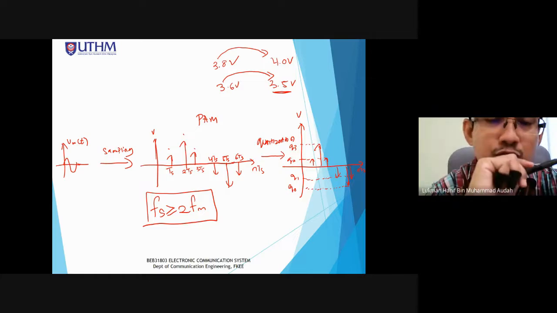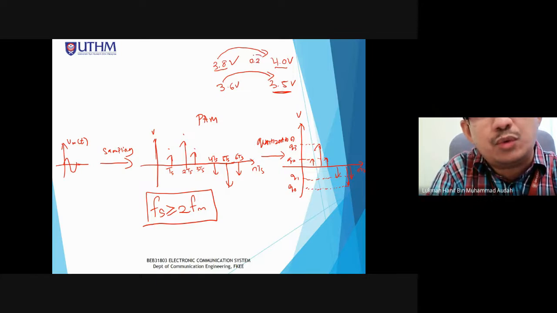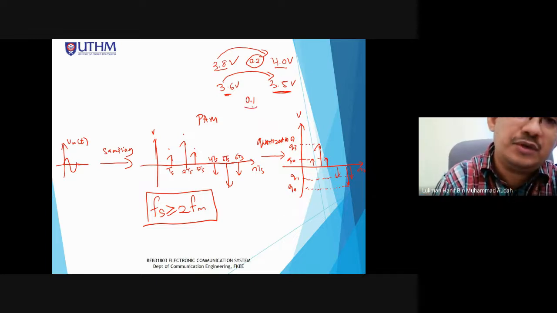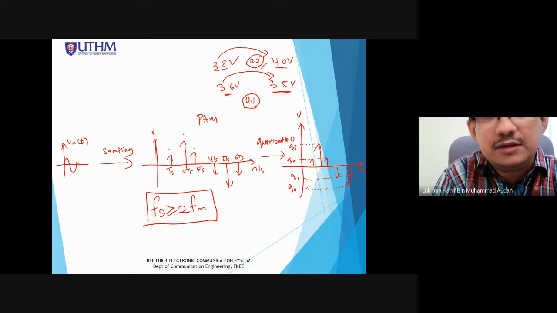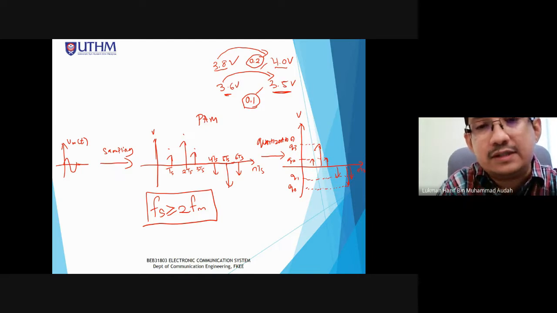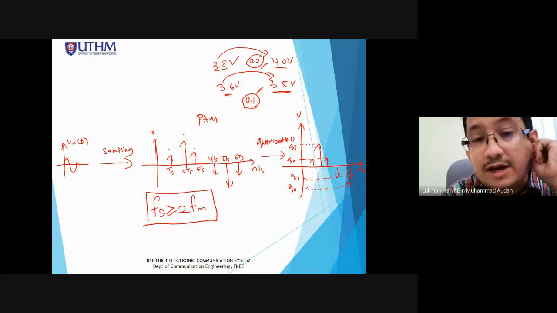So kalau you lihat contoh di sini dalam saya punya contoh, kalau saya bundarkan dari 3.8 kepada 4 volt, that means I rounded the value by 0.2. Kalau saya bundarkan 3.6 kepada 3.5, bermakna proses pembundaran itu 0.1 volt. The rounded value is 0.1. So what is this actually? So apabila you mengubah suai signal tersebut, maknanya you melakukan error sebenarnya.